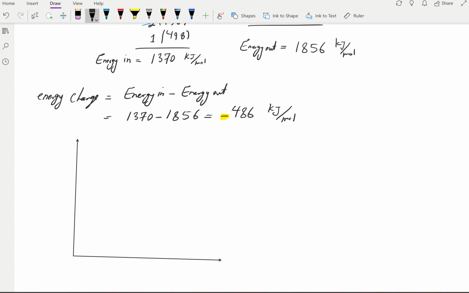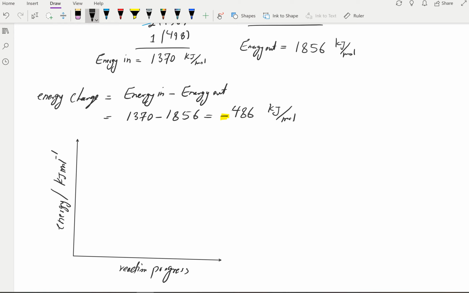On the y-axis I have energy, and the unit is kilojoule per mole. I can write mol^-1, which means it is in the denominator. And on the x-axis I can write time or reaction progress or extent of the reaction. So I write reaction progress.